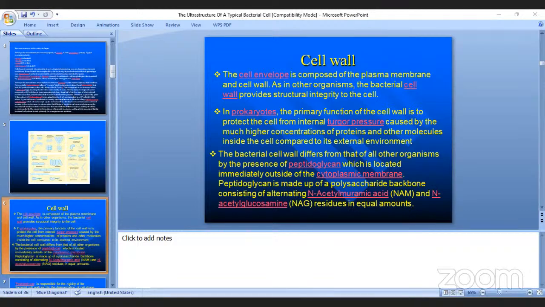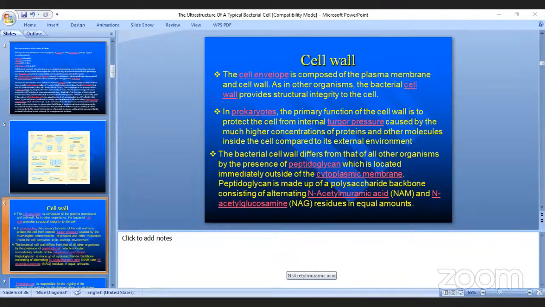This cell wall is made completely of peptidoglycan, which is present immediately outside the cytoplasmic membrane. This peptidoglycan is made up of polysaccharide. The backbone consists of alternating N-acetyl muramic acid. So in this peptidoglycan, two major chemicals are present: polysaccharide and N-acetyl muramic acid, NAM.